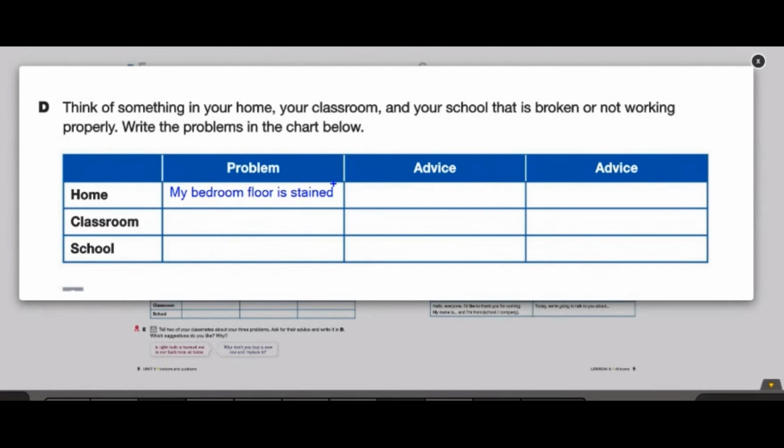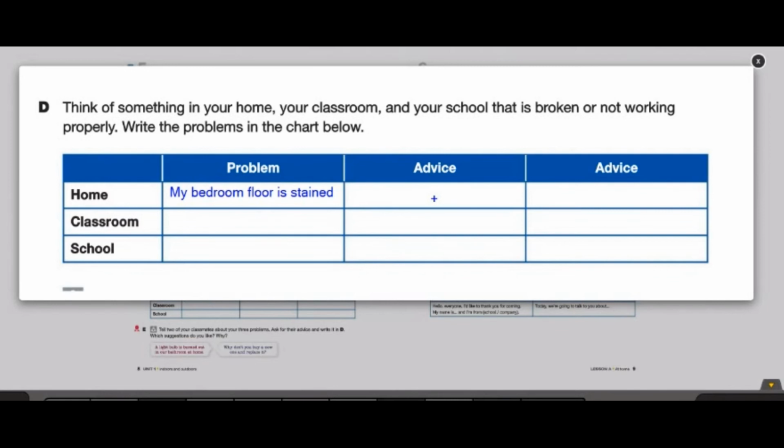There will be 3 groups of 4 and 1 group of 5 people because today you are 17. In your groups, you have to ask 2 members of your group to give you advice about the problem. But it's not, for example, I am Mayra, one person in my group is Lucia. I say, Lucia, my bedroom floor is stained.